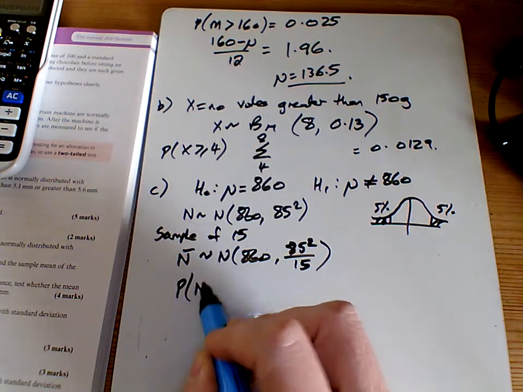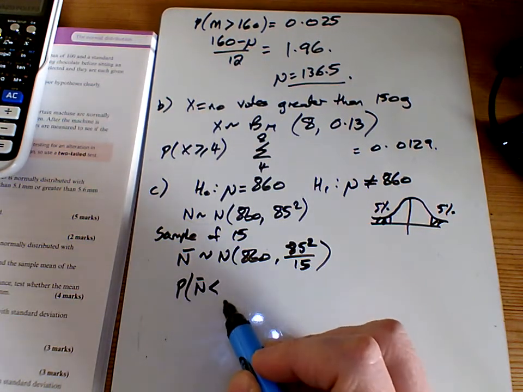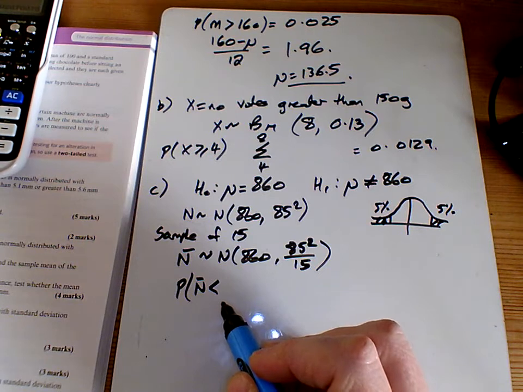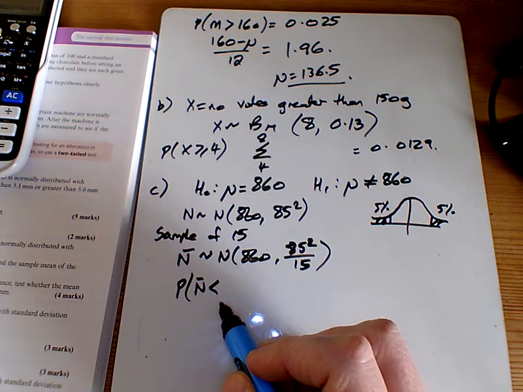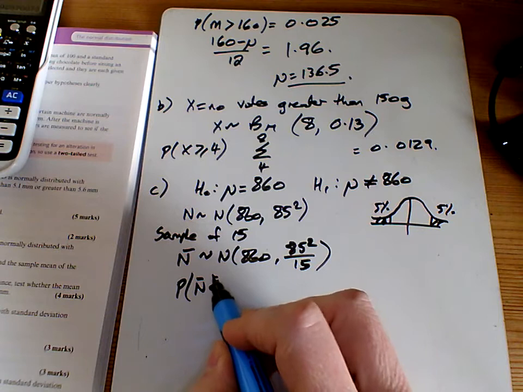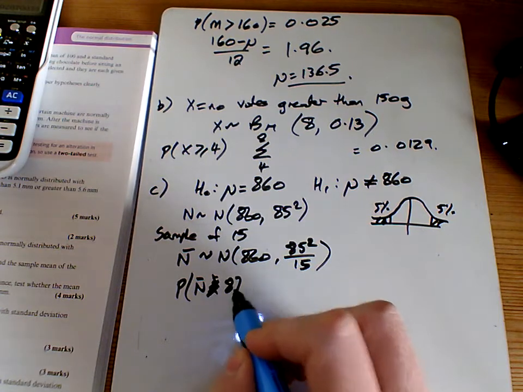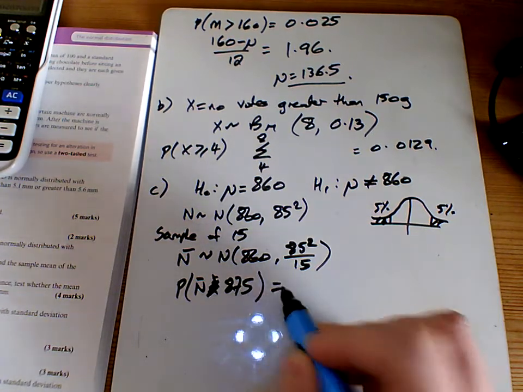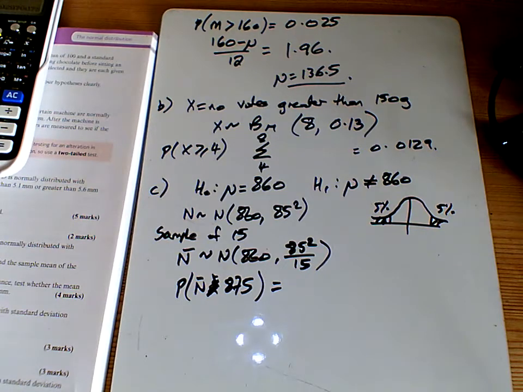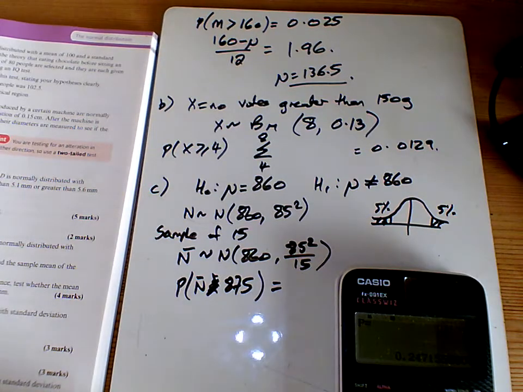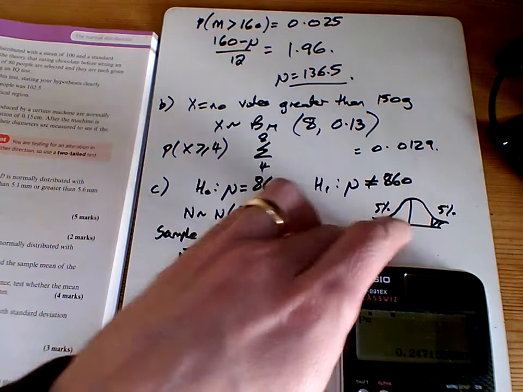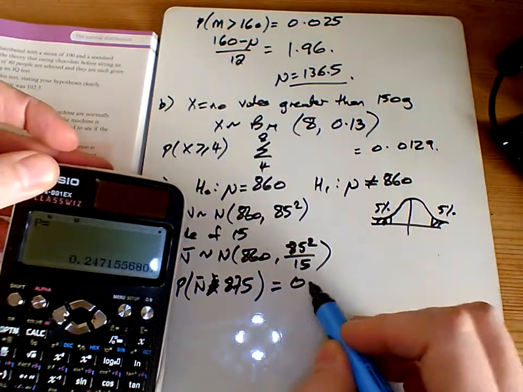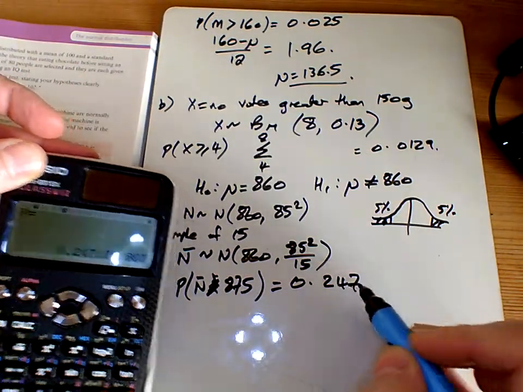Find the probability that the sample mean is greater than 875. I'll tap that in. So putting all of that into the calculator gives me quite a high probability, 0.247.